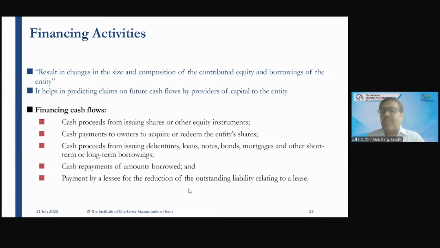Issue of equity share, it's a financing activity. Buyback of shares, financing activity. Rights issue, financing activity. Dividend paid, financing activity. Borrowing taken, loan taken, financing activity. Loan repayment, financing activity. Interest paid on loan, financing activity. So these are the financing activities, right? So all these things are given here.